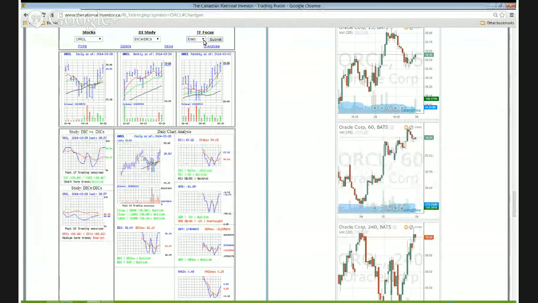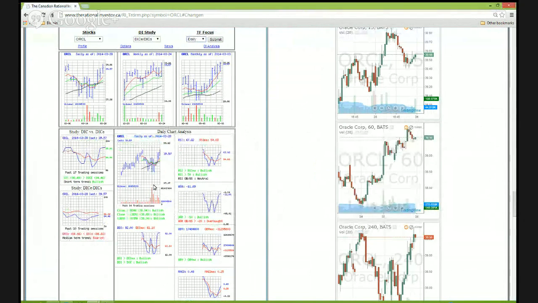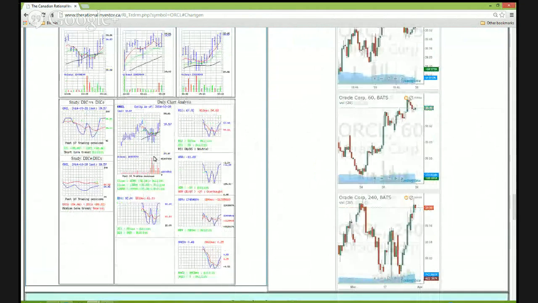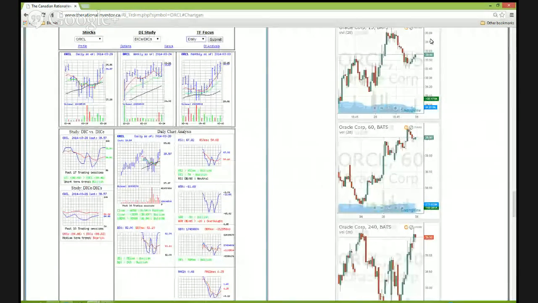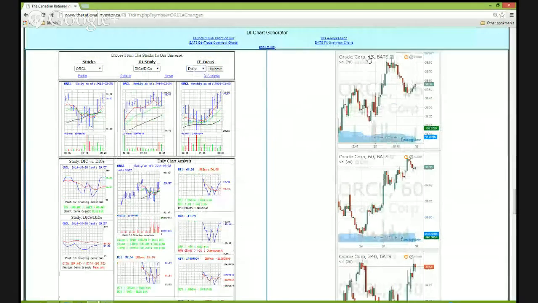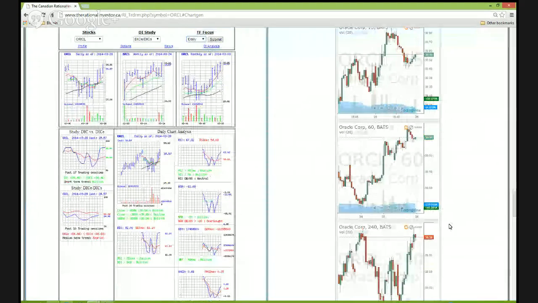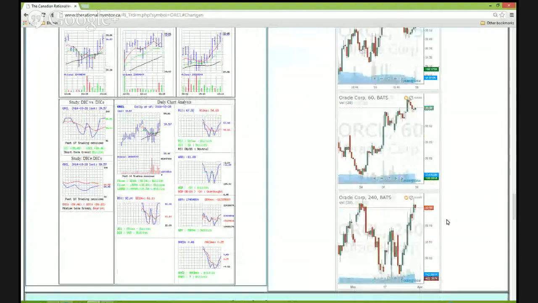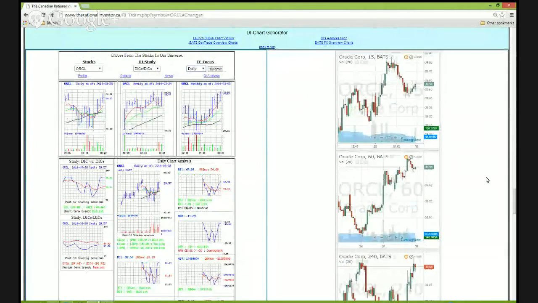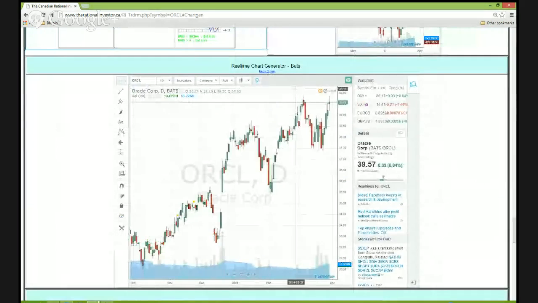You can change that to weekly, monthly if you want, but here are the daily charts. And then on the side here, I have the BATS real-time prices, so you can watch the market in real time. And if we want to actually look at a chart nicely, I've embedded here a little TradingView chart so we can see.